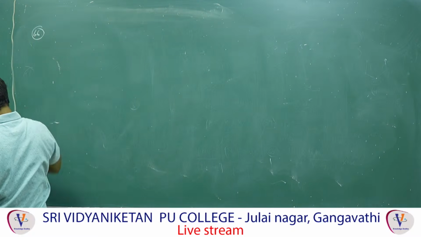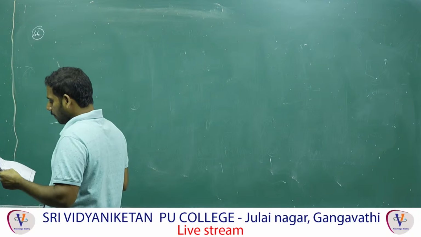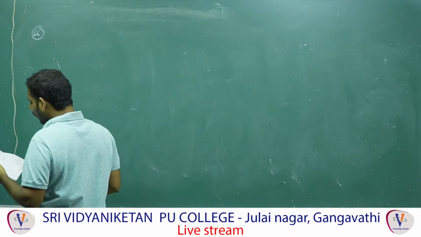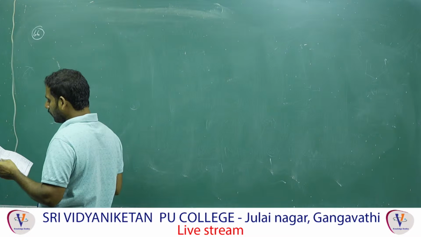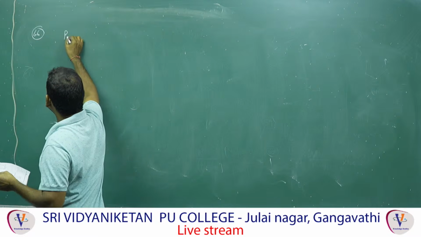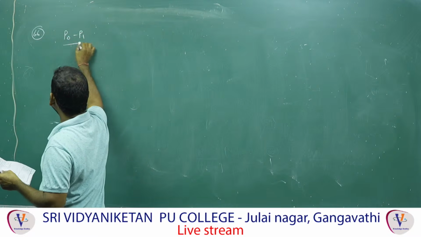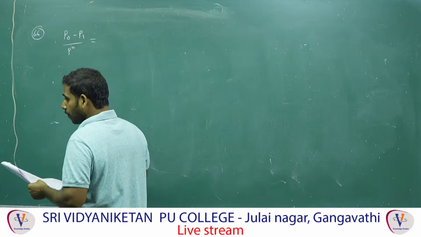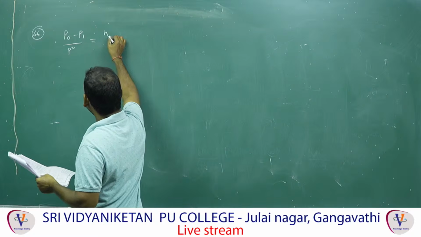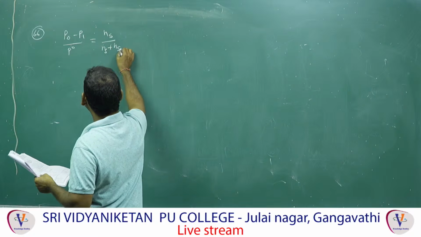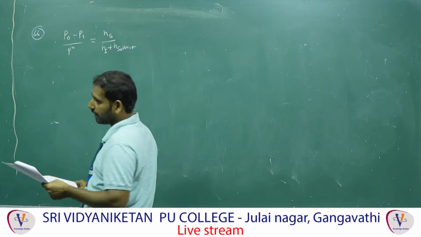Question number 66. The vapor pressure of pure water A is 10 torr, at the given temperature. This is relative lowering of vapor pressure. P naught minus P1 by P naught is equal to X solute. X solute means number of moles of solute by number of moles of solute plus number of moles of solvent.